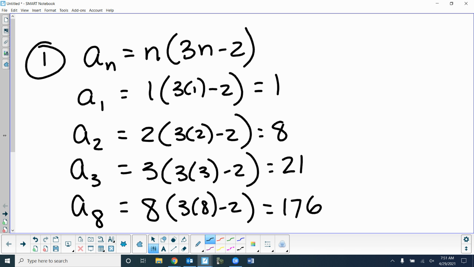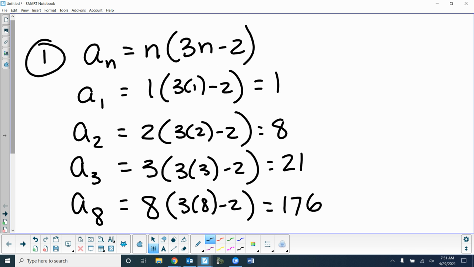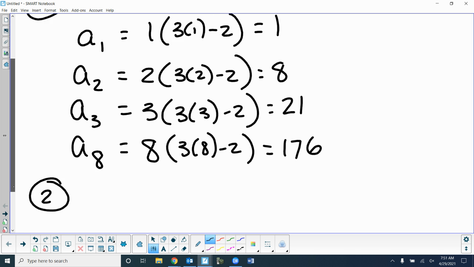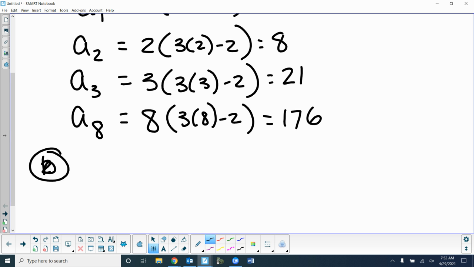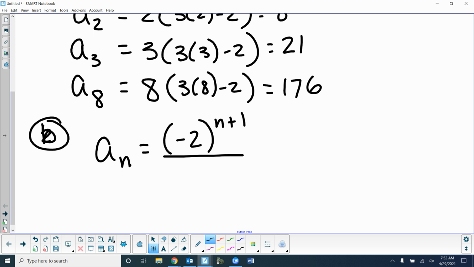Any questions on the first one? Okay. Oh, I guess it's not A, it's B, right? This was 1. I guess 1's up here, and this was A, and this is B. So the rule for this one is -2 to the n plus 1 power over n.